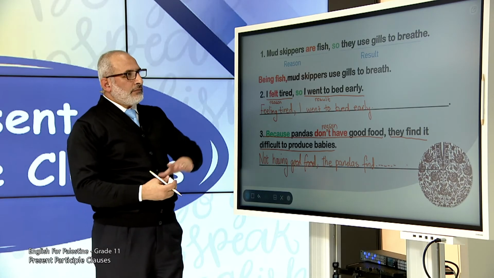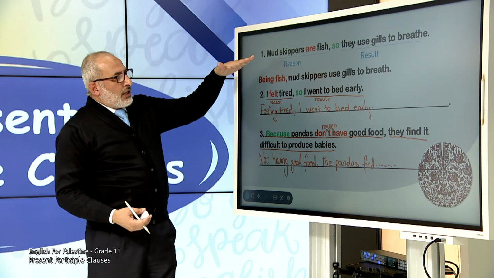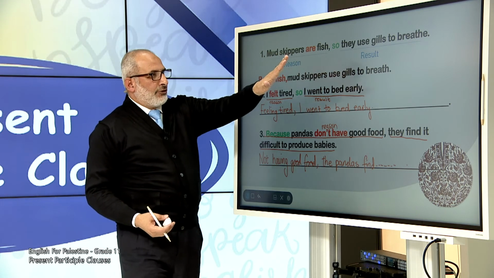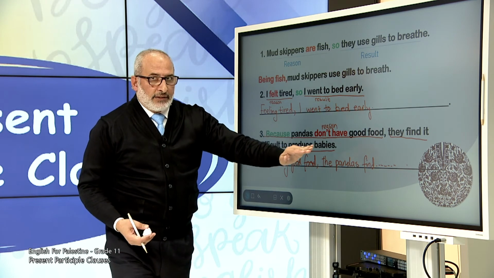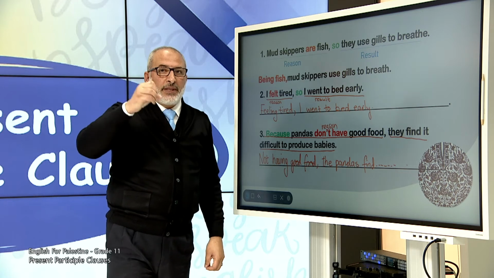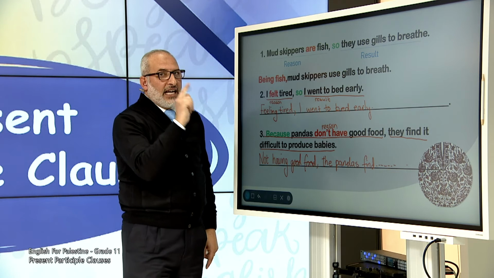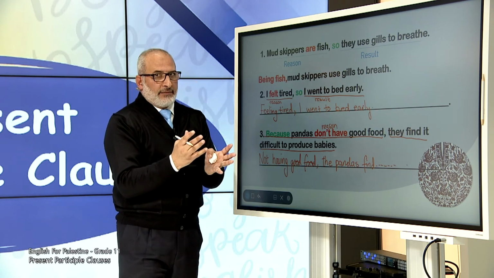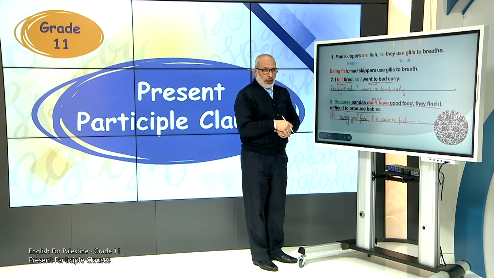Again, these 3 examples consist of 2 parts: reason and result. We use the present participle clause with the reason part of the sentence and not with the result part. We change the reason in the sentence into present participle clause.